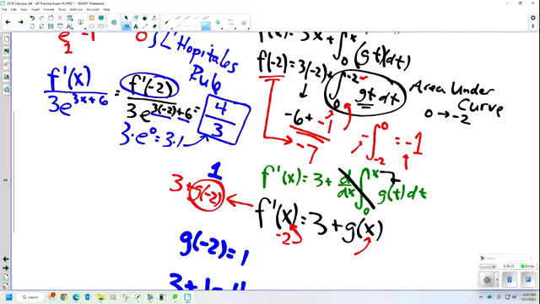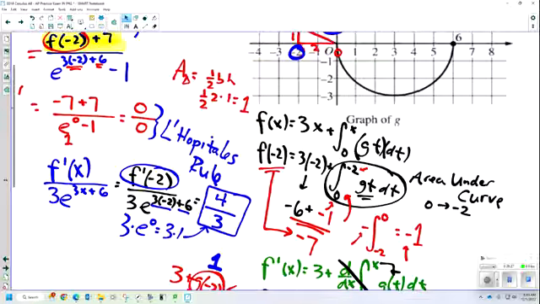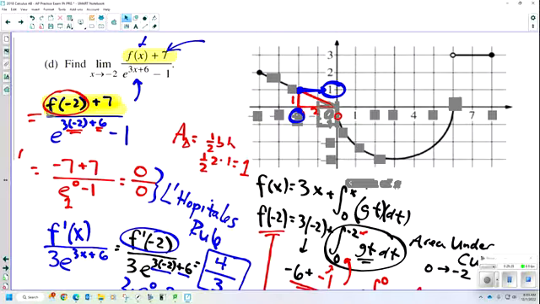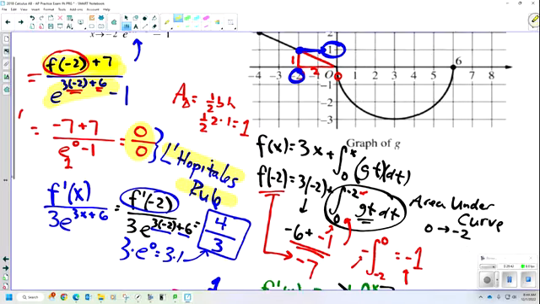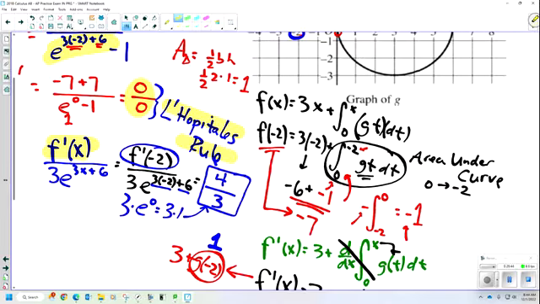Anyways, 4/3. Quick review here. We tried throwing in a -2 first and got 0 over 0. So we had to use L'Hopital's rule, which means I took the derivative of the top and the derivative of the bottom. Once we did that, we had to throw our -2 in again.